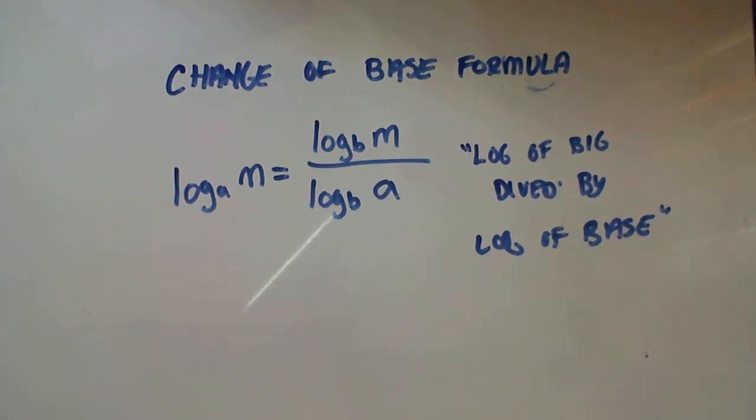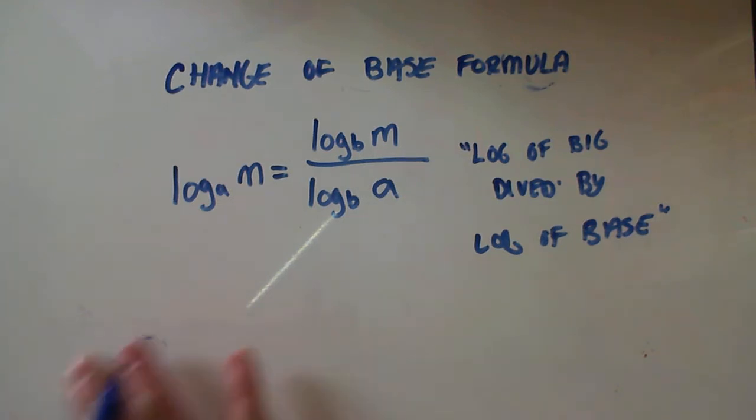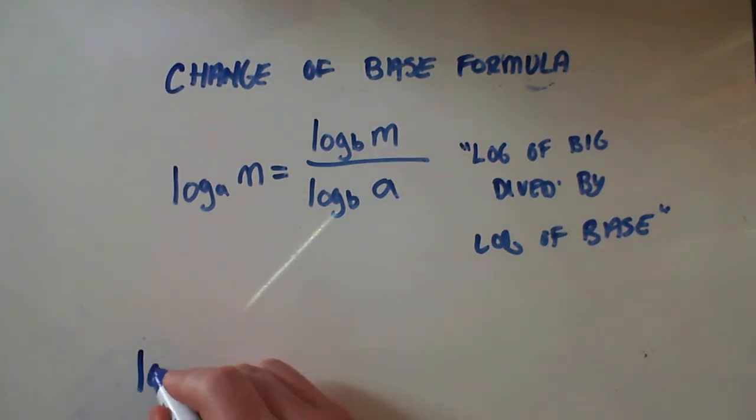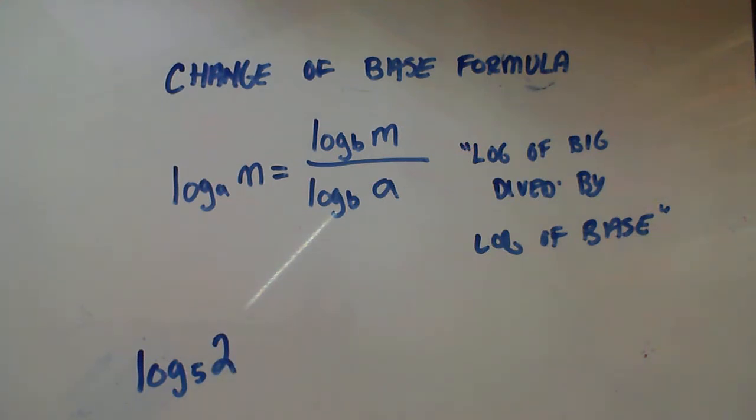So you have, say, log base 5 of 2. And we want to take that and put it into a different based logarithm. Well, the two most logical bases we might want to put it in, if we're trying to get a decimal approximation for that, would be either base 10 or base e.